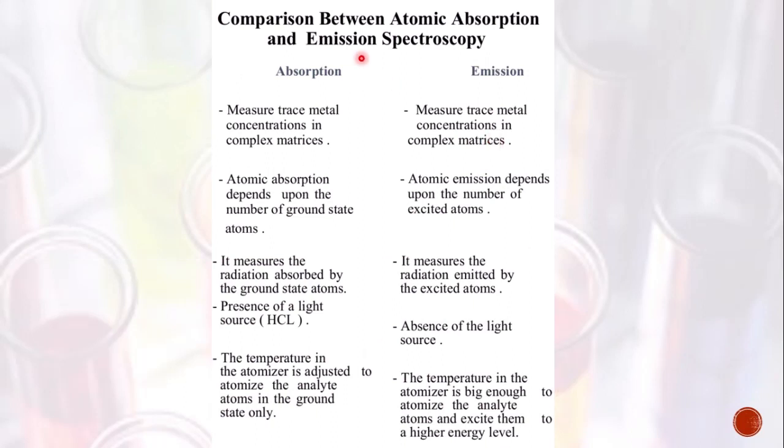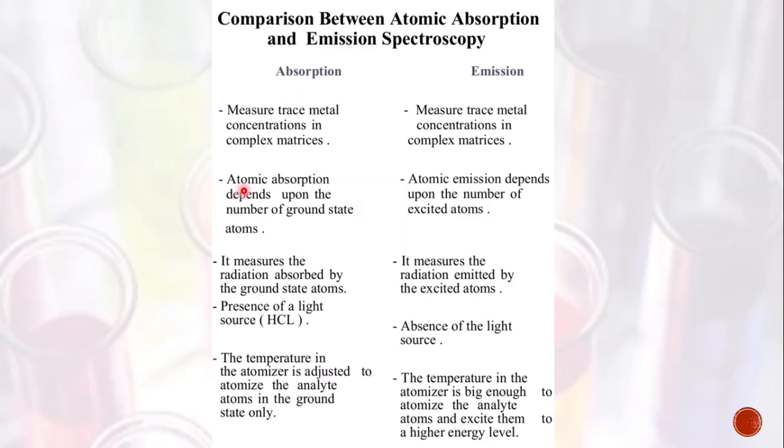Here I've done a table that compares both atomic absorption and atomic emission spectroscopy. So in absorption, we said we can trace the amounts of metal concentration in complex matrices, and even in emission, you can check for metal concentration in matrices.